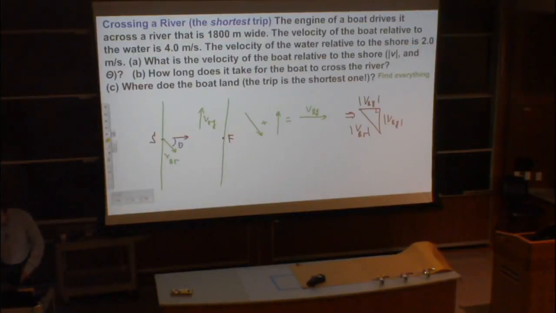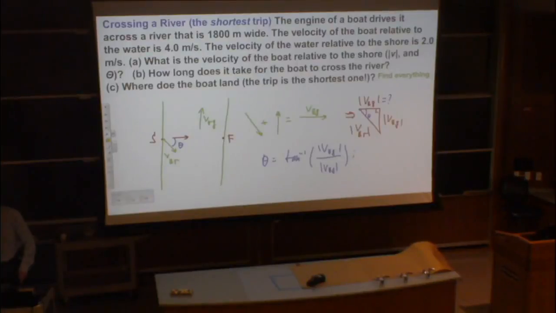This is how we aim it, theta. Now this theta will be equal to the inverse tangent of the velocity of the river relative to the ground divided by the velocity of the boat relative to the ground. But if we write it like this, we don't know this yet.